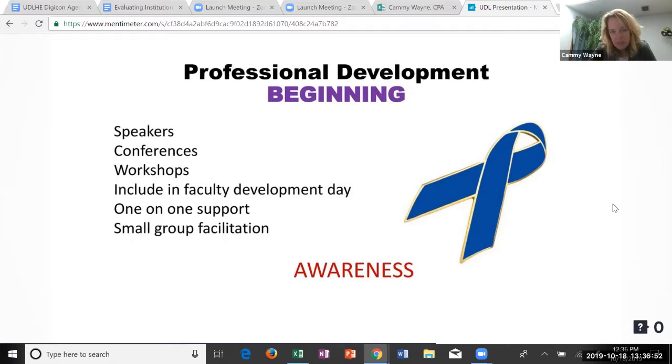So if there's a workshop on UDL, maybe we put it into some required training that they have to do already, just to kind of say, hey, this is out there. And, you know, food is always helpful. So if you offer food at any of these things, you're going to get people to go. And that's what we want.